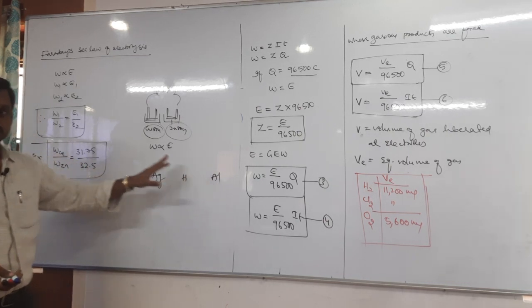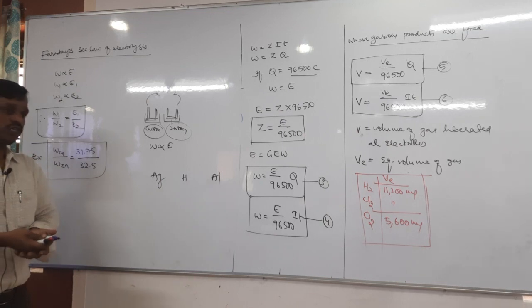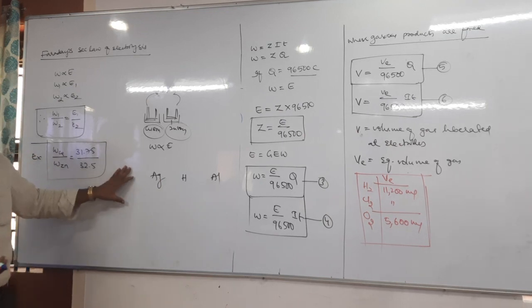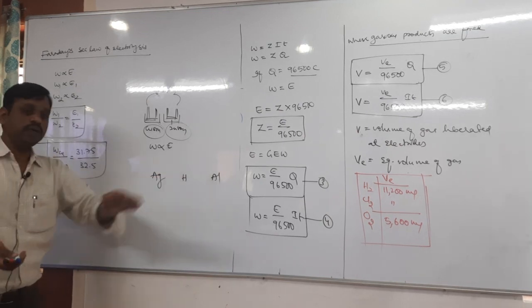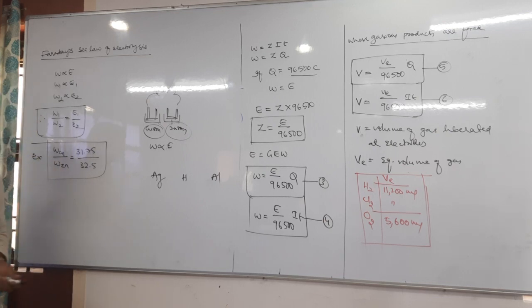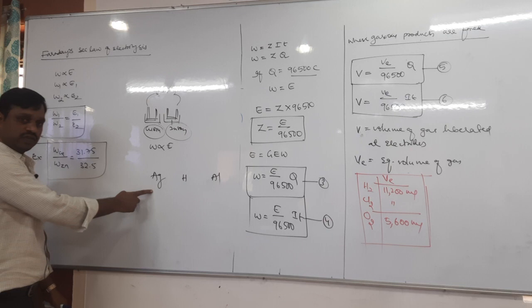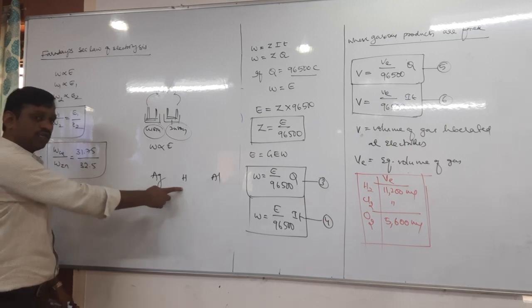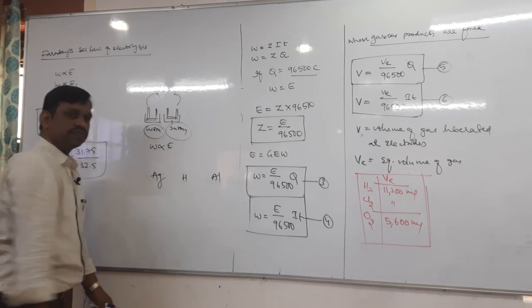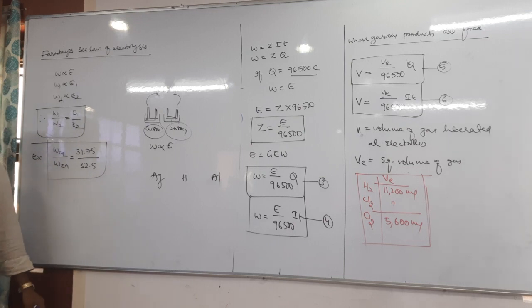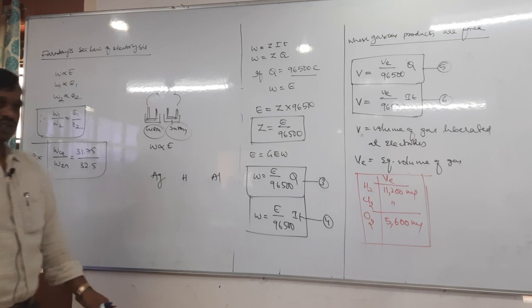When the same quantity of electric current is passed through these three solutions, the mass of silver, hydrogen and aluminum deposited is directly proportional to their equivalent masses: silver 108, hydrogen 1, and aluminum 9. Therefore, W is directly proportional to E, W1 by W2 equals E1 by E2. Okay, done. Faraday's second law of electrolysis.